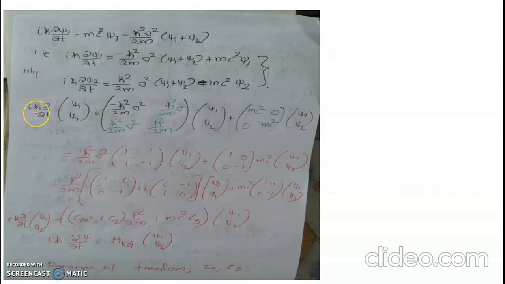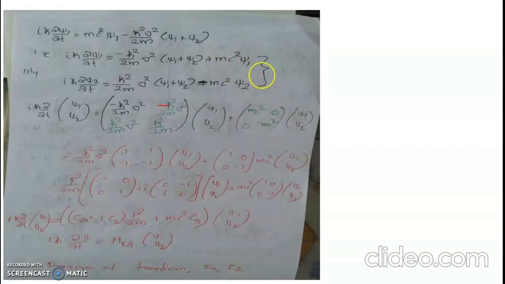We combine them in matrix form. iH cross dou by dou t operating over column vector psi 1 psi 2 equal to minus h bar square by 2m del square, minus h bar square by 2m del square, psi 1 psi 2. We open this: minus h bar square by 2m del square psi 1 plus minus h bar square by 2m del square psi 2 plus mc square psi 1 plus 0 psi 2.